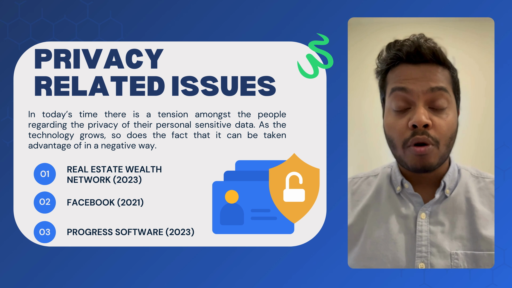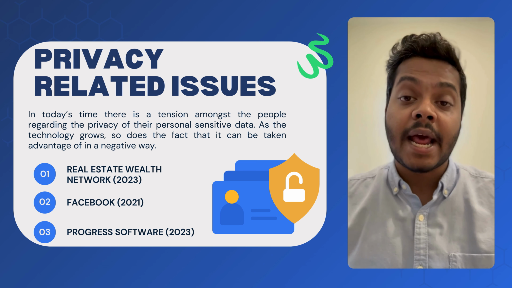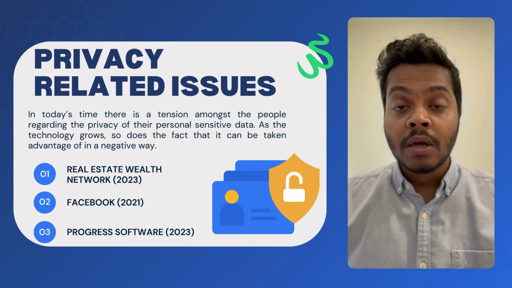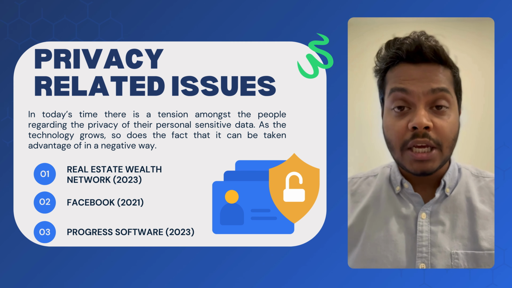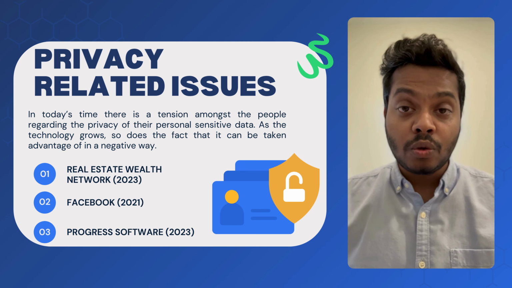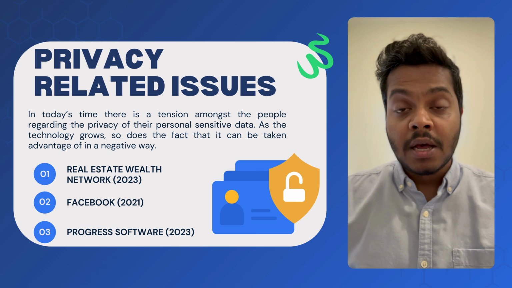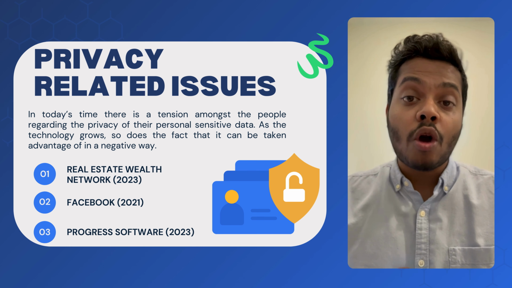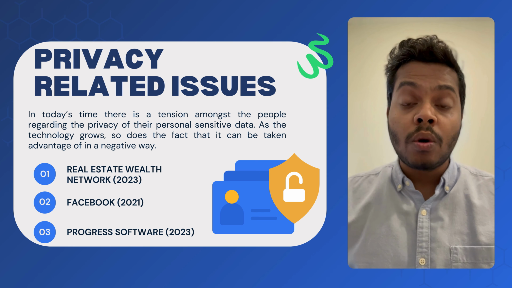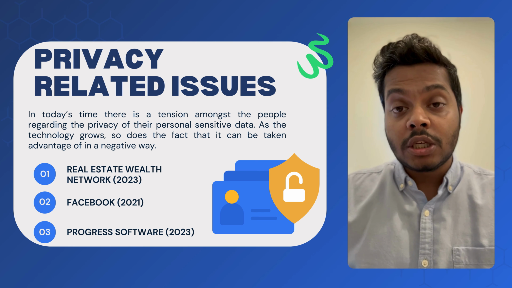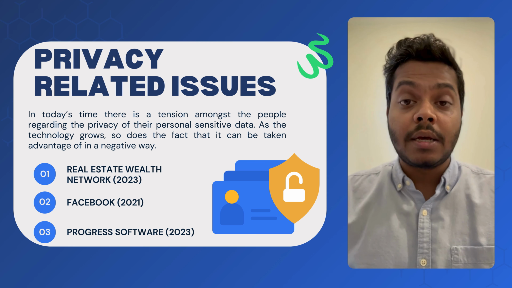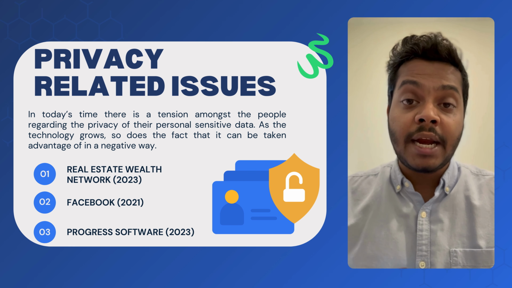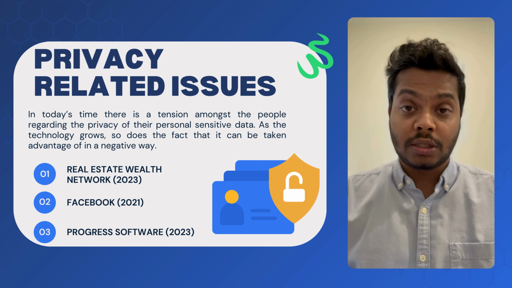Let's take a look at the Progress Software vulnerability attack which happened in 2023. Progress Software's application called MoveIt, which is used to transfer files from one system to another in a very secure way, was subjected to a zero-day attack, which led to a widespread breach of private data of thousands of organizations.